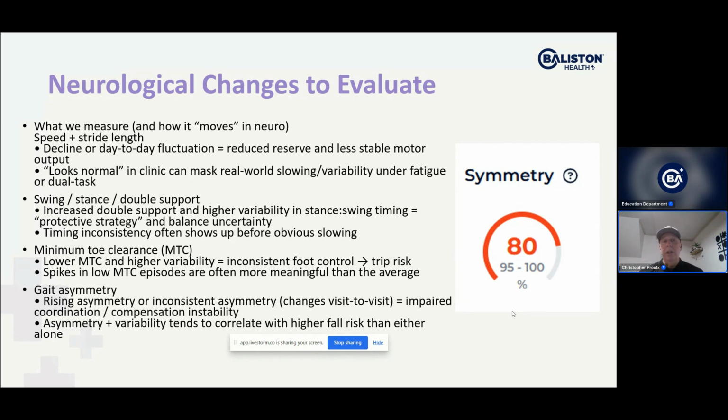So we look at things like the walking profile, so your speed and your stride length, and I'll show you a little tool that I developed because we didn't have it in the system. The swing and the stance, and a lot of symmetry.